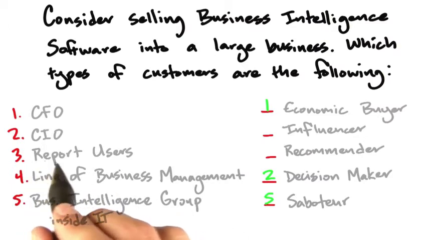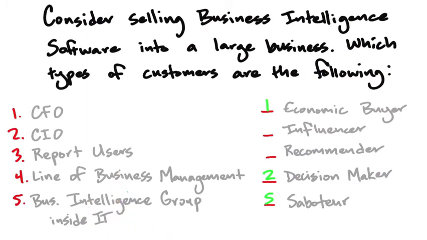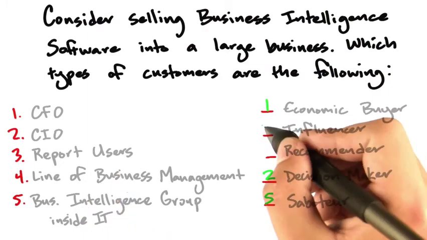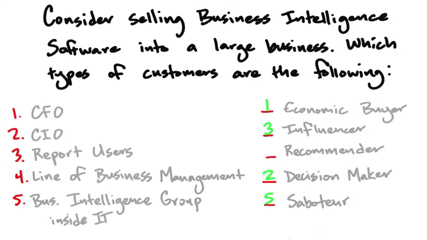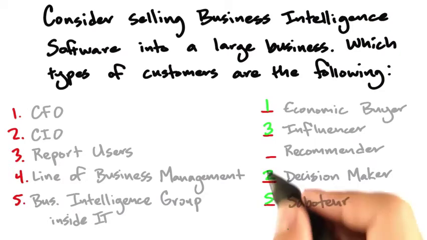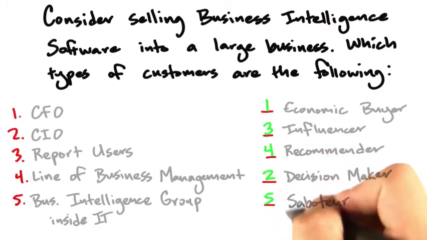The report users, the people who actually use the product, in this case are simply the influencers. That's interesting to remember because sometimes as entrepreneurs, we forget that the people who use our product are not necessarily the people who even pay for or even recommend the product. And in this case, the recommenders were probably the line of business management.